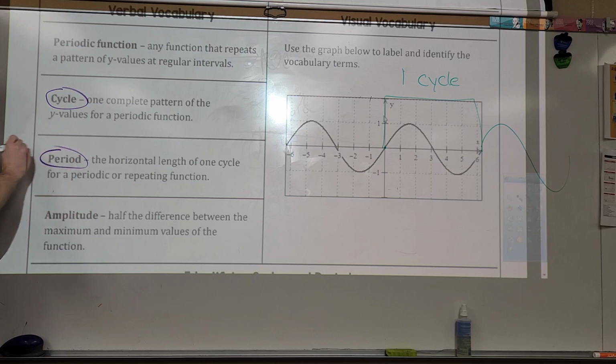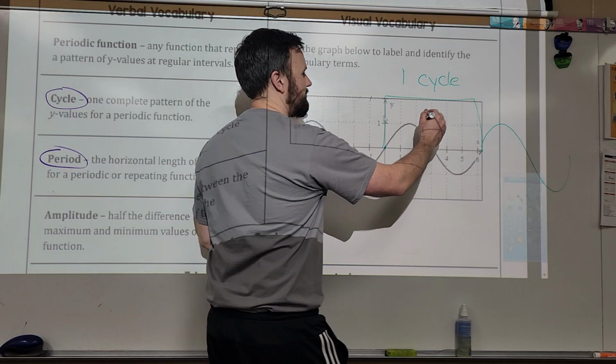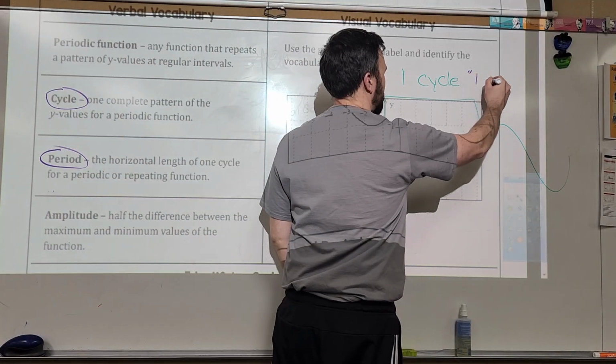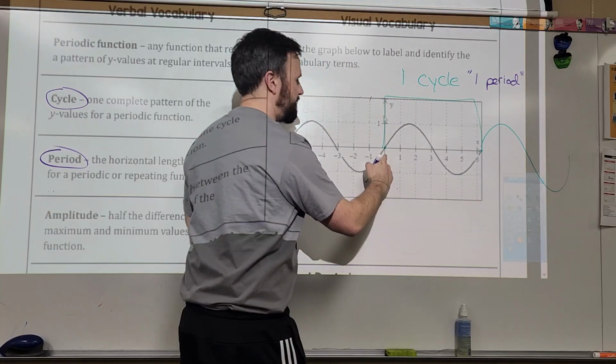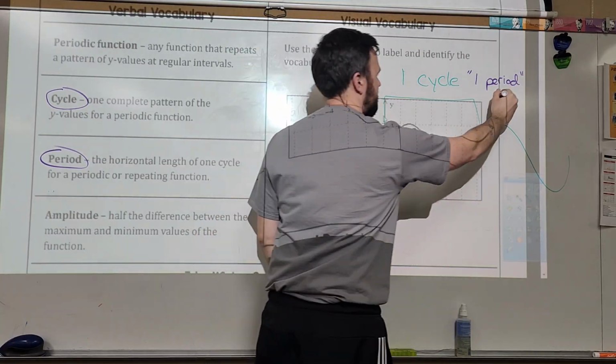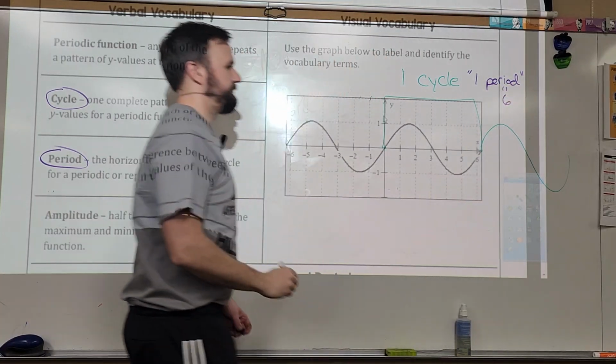The cycle is equal to the period. The period is the length of one cycle. So the period of a function is how often it repeats. One cycle is going to be one period. So this one, my period is 6, right?